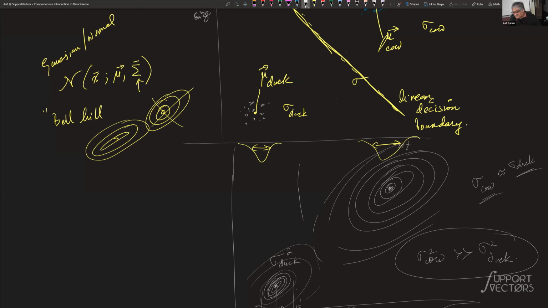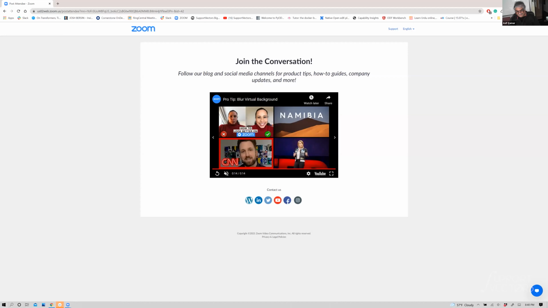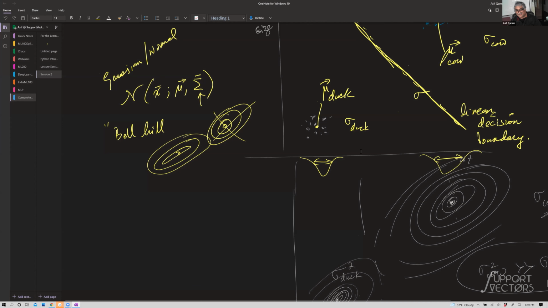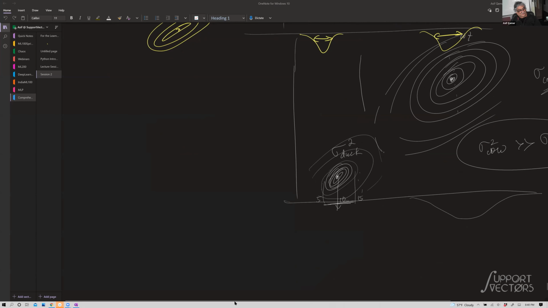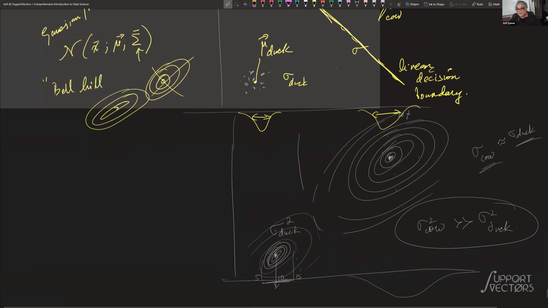Where am I? This is hopeless. Let me restart it, guys. It is behaving somewhat strangely with Zoom.